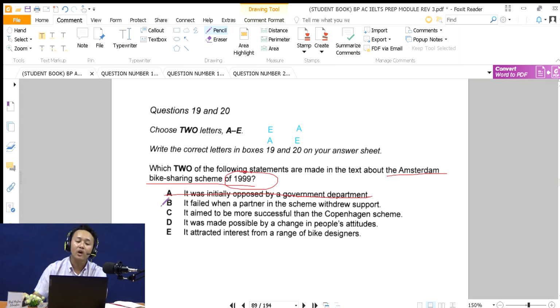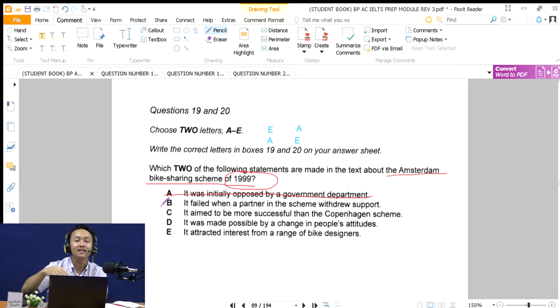Why? Because we only need to find two correct answers. In here, there are 5 answers. It means that 2 correct answers, 3 wrong answers. 3 wrong answers means three distractors. So we have to reduce the possibility of the options making us more confused.